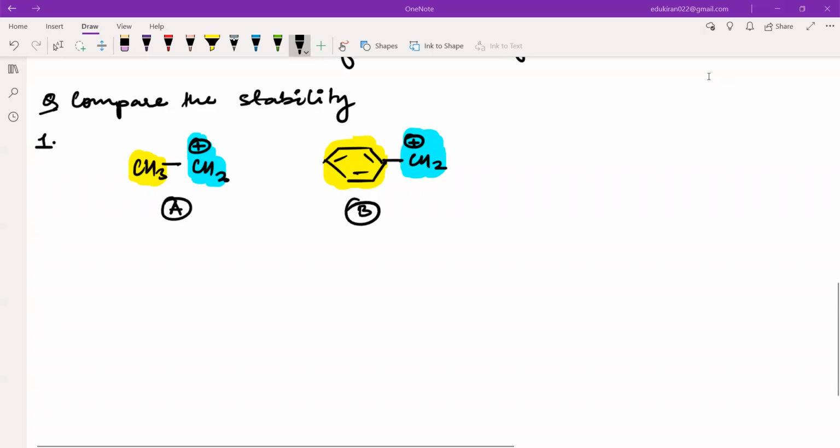I'm asking, have we learned the conditions for resonance? Yes or no? Please flip your notebooks and answer me. Is there any resonance happening in structure A? Is any one of the conditions valid in structure A?